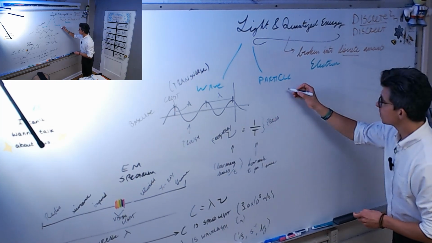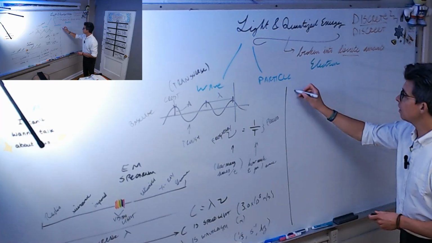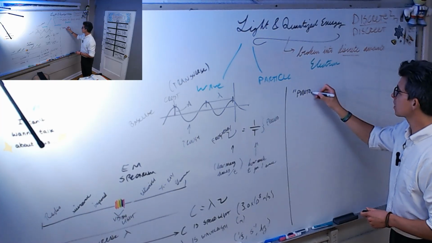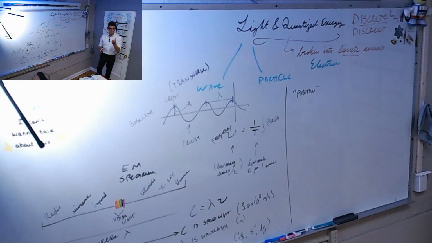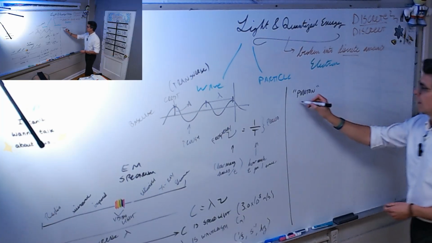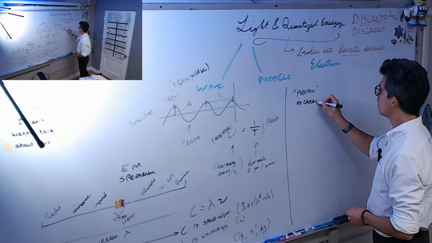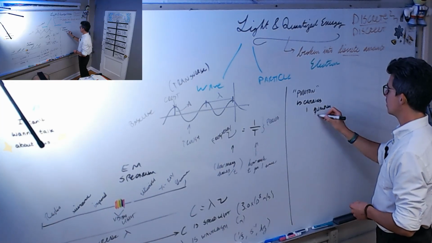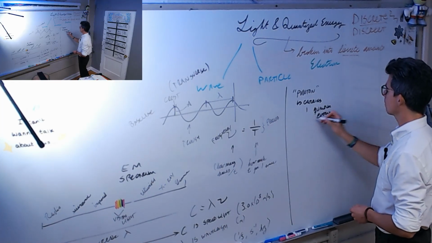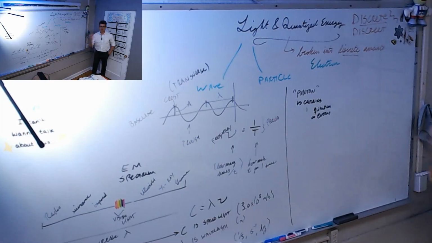But now when we talk about the particle nature of light, first of all, we call a particle of light, the carrier of a discrete amount of energy, a photon. And it carries what we call a quantum of energy. A quantum is the lowest amount of something.